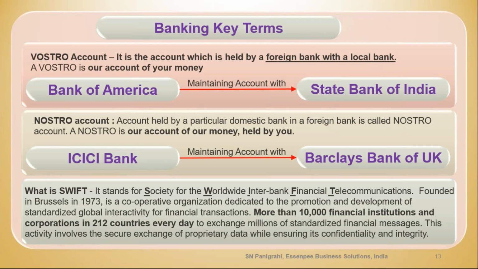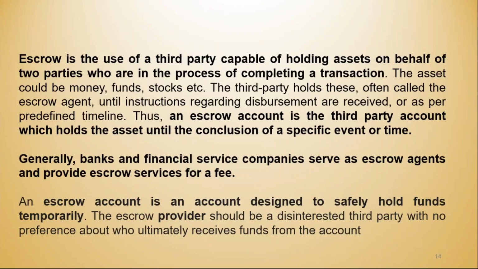The foreign bank puts an account in the Indian bank in the local currency, in Indian rupees. That is called a vostro account. Then nostro means our Indian banks take an account in a foreign bank, and there they maintain the account in that foreign currency. For example, in the US, they'll maintain that account in US dollars only. Okay, so that is nostro.